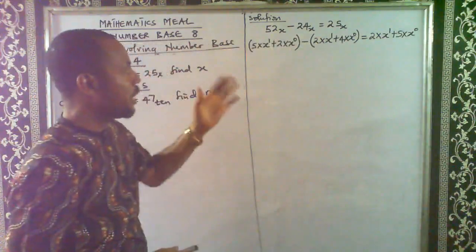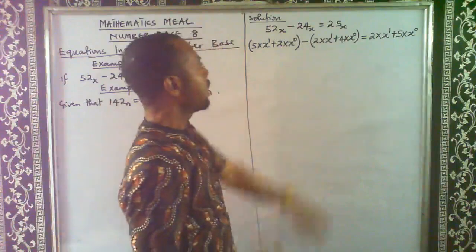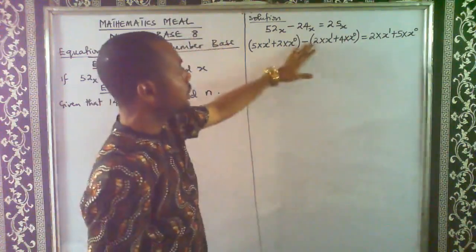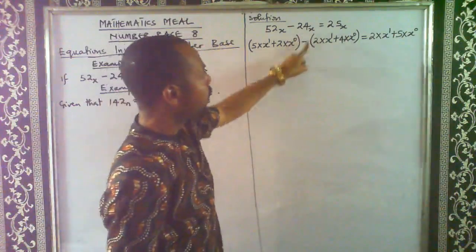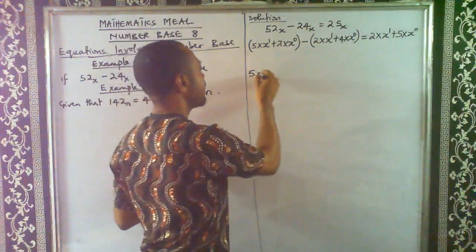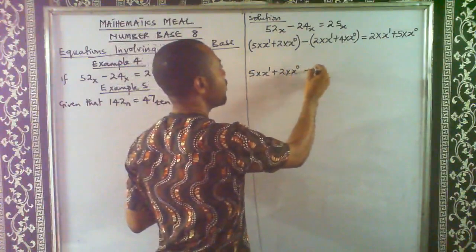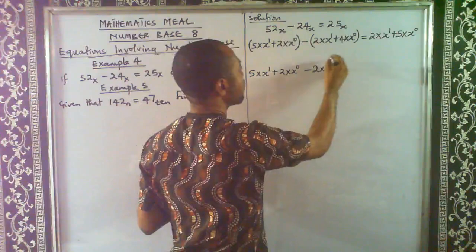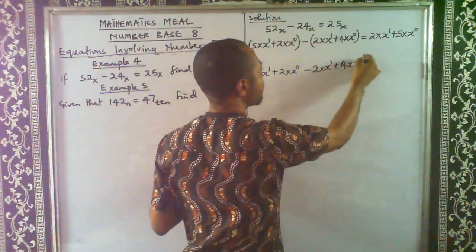Now, one of the errors that students can commit when they try to solve this problem is failure to put this bracket. I know some people will just write 5 times x raised to power 1 plus 2 times x raised to power 0 minus 2 times x raised to power 1 plus 4 times x raised to power 0.